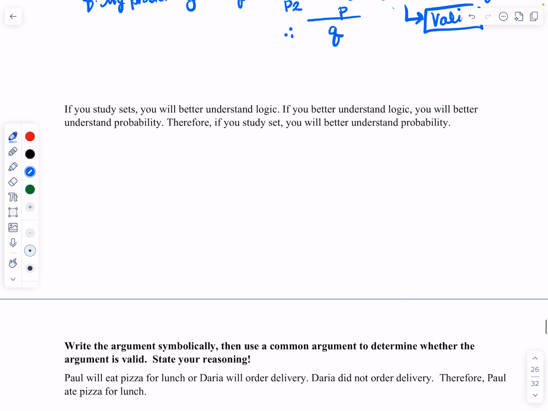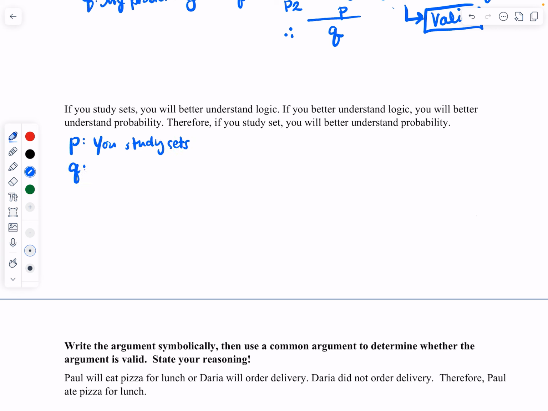If you study sets, you will better understand logic. If you better understand logic, then you'll better understand probability. Therefore, if you study sets, you will better understand probability. Okay, we have three things here. I'm going to say P equals you study sets.